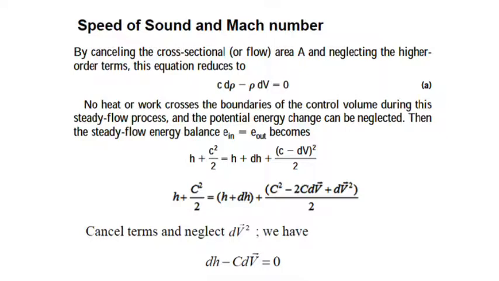Altogether, you can write h plus C square by 2 equal to h plus dh, and expanding (C minus dV) the whole square, as we know the (A minus B) whole square format, we expand it as C square minus 2C dV plus dV square, by 2. Here we are neglecting the dV square term and cancelling the common terms, and we get dh minus C dV is equal to 0.